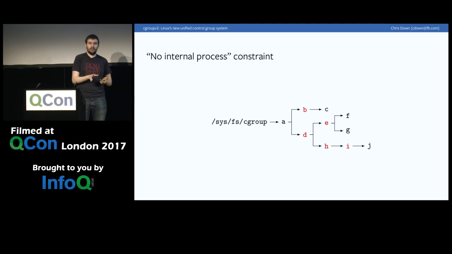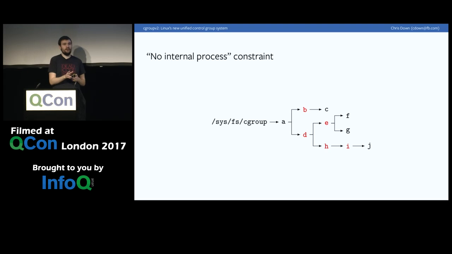You should be making this decision. That's why we leave it up to you to decide how you're going to distribute resources amongst the hierarchy.